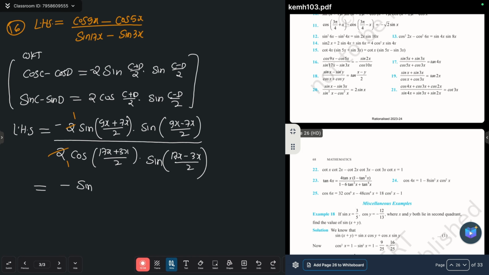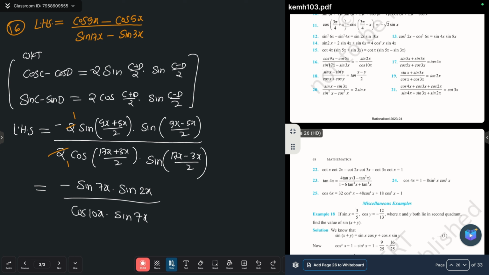When you simplify, 9 plus 5 is 14 upon 2, 7x, and 9 minus 5 is 4, 4 upon 2 is 2, sin 2x, upon cos of 17 plus 3, 20 upon 2, 10, cos 10x, into sin (17 minus 3), 7x.